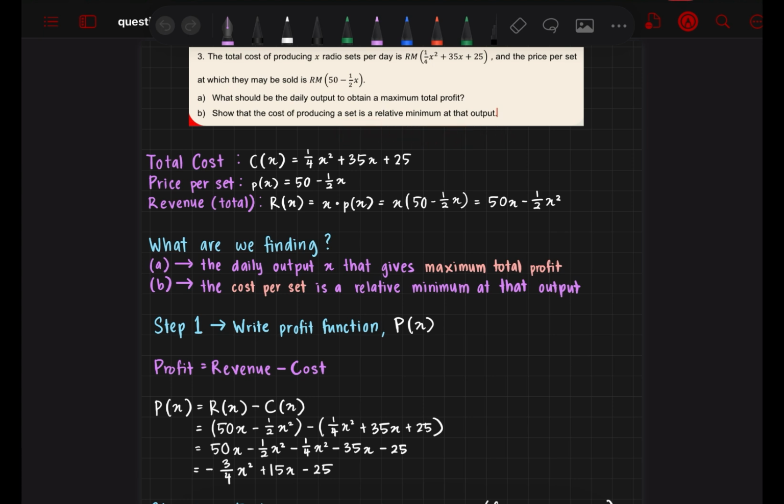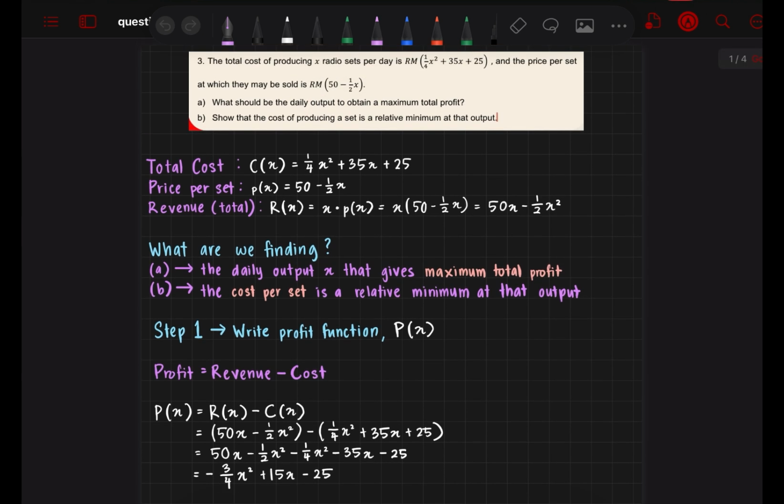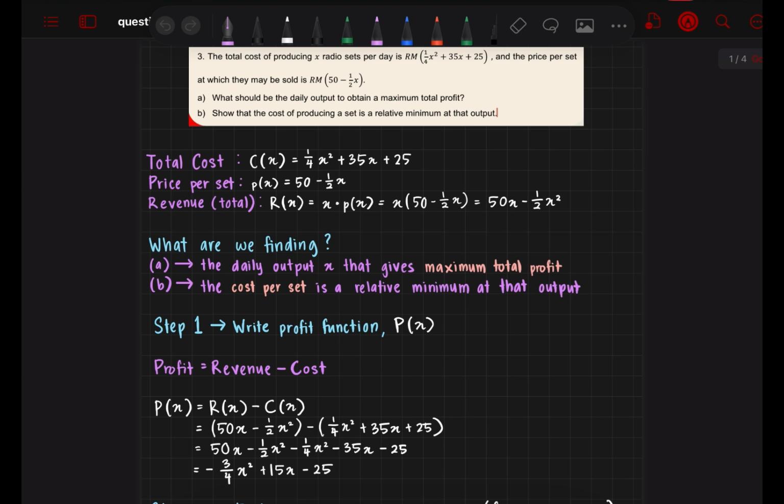So first we need to state each equation. The total cost is C(x) equals 1 over 4 x squared plus 35x plus 25, and the price per set is 50 minus 1 over 2x, and the total revenue is the number of sets times the price.